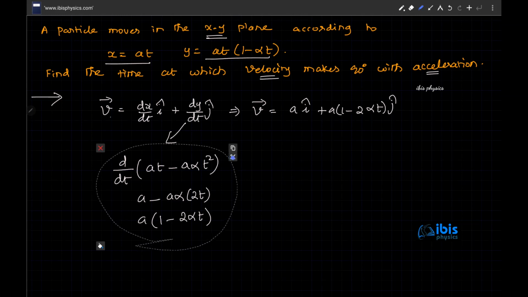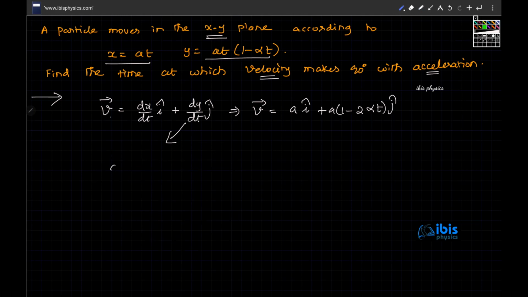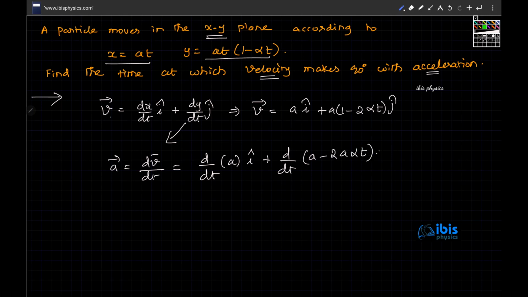Then what about the acceleration? The acceleration is dv by dt. That means d by dt of a into i cap plus d by dt of a into 1 minus 2 alpha t. Here also it's better to keep it multiplied inside, a minus 2a alpha t, j cap. So d by dt of a i becomes 0.